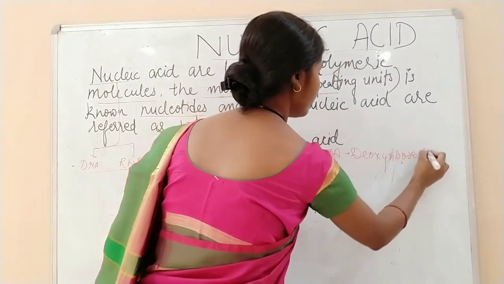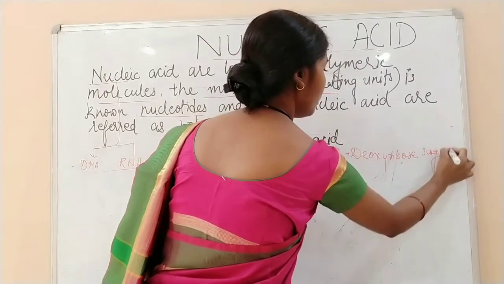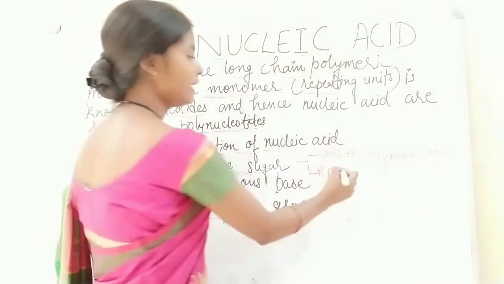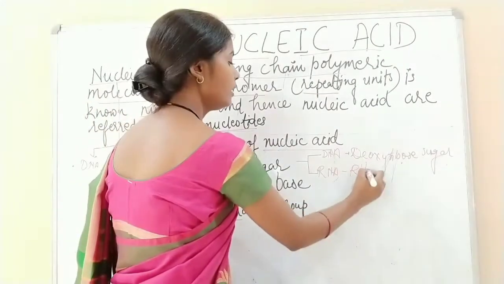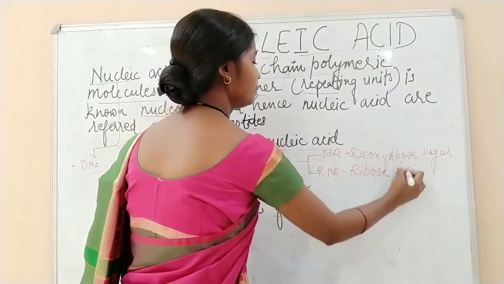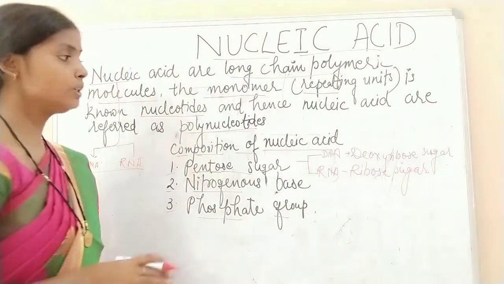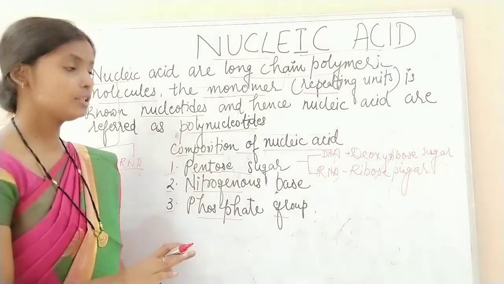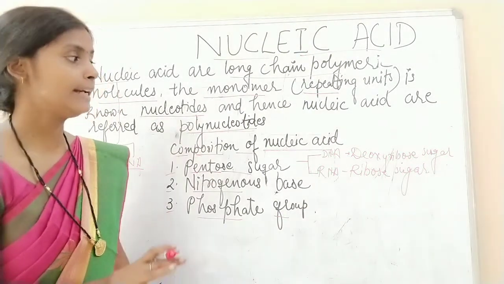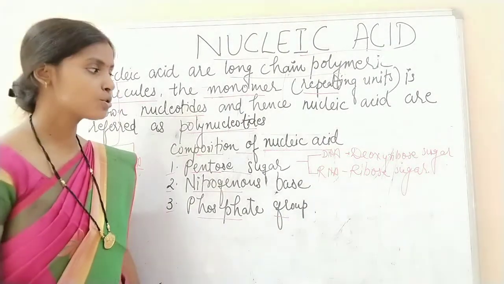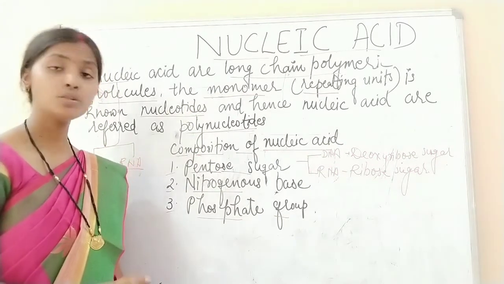There are two types of pentose sugar present in DNA and RNA. In DNA it is deoxyribose sugar, and in RNA it is ribose sugar.